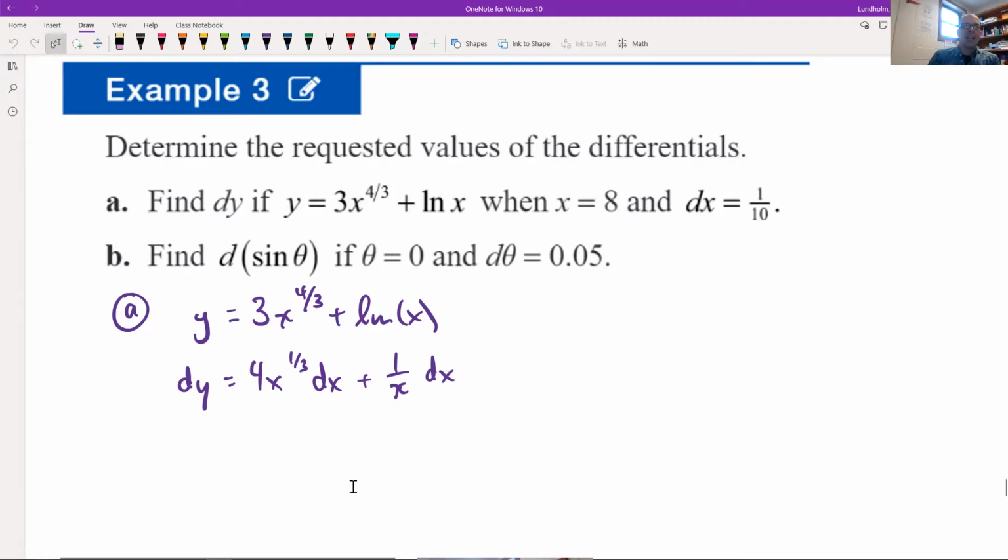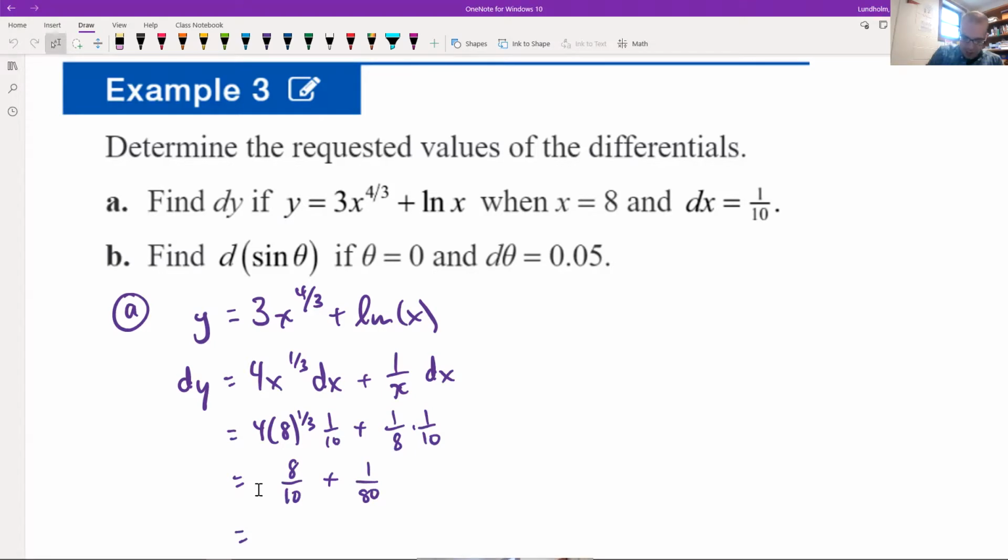At this stage, you could just plug everything in and get an answer. 4 times 8 to the 1/3 times 1/10 plus 1/8 times 1/10. 4 times 8 to the 1/3, 8 to the 1/3 is 2, so that's 8. So we've got 8/10 plus 1 over 80.